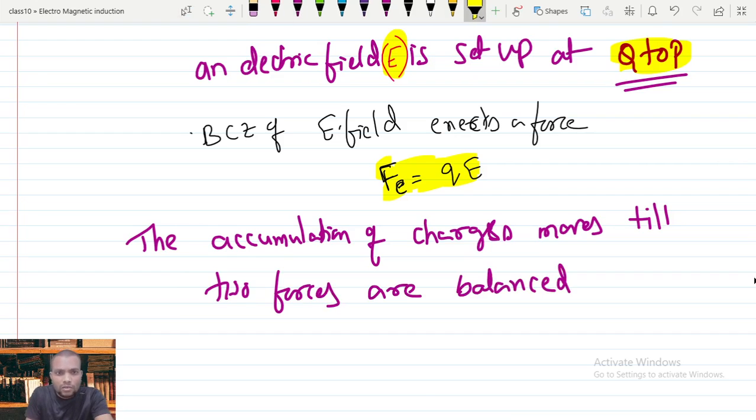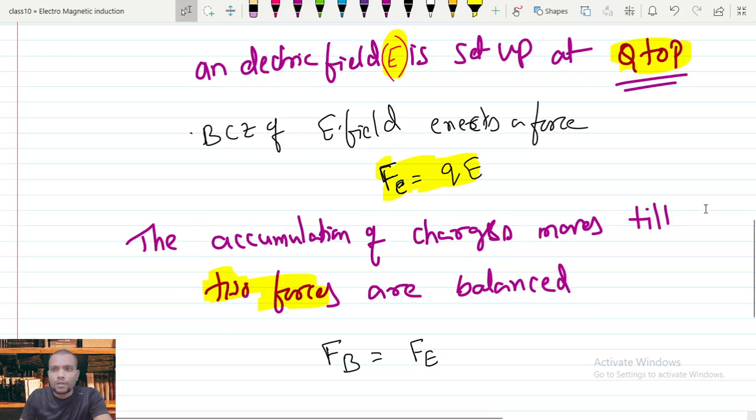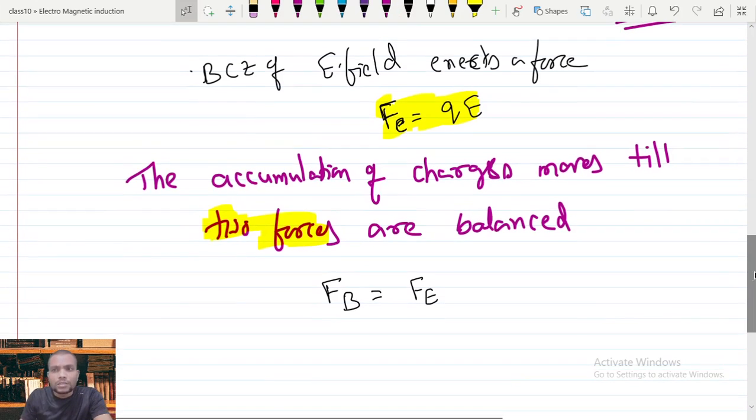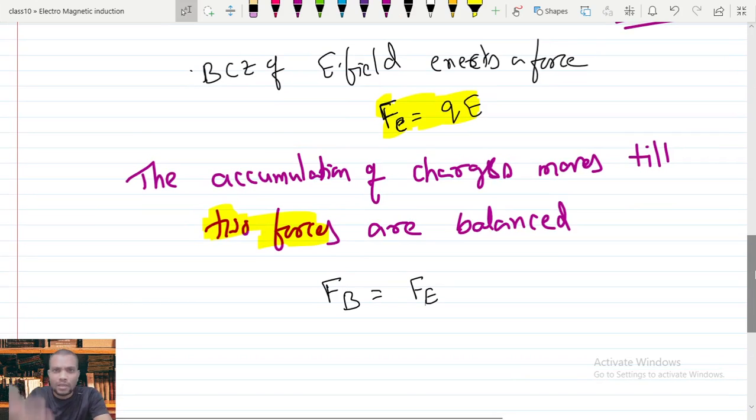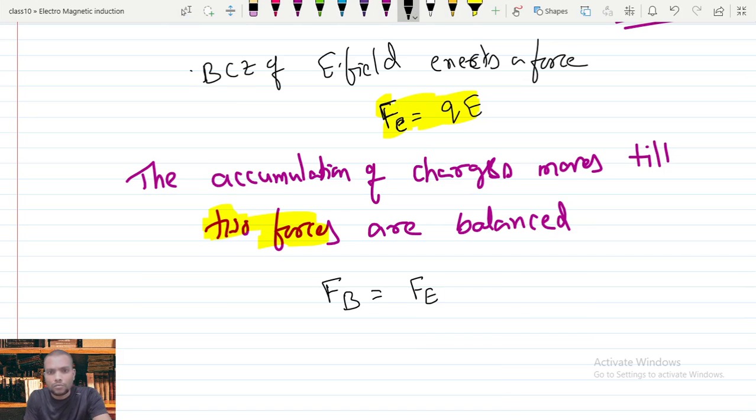So here what are the two forces? Nothing but the force due to magnetic field, the Lorentz force, which equals the force due to electric field. Till the two forces get balanced, the charge will flow.